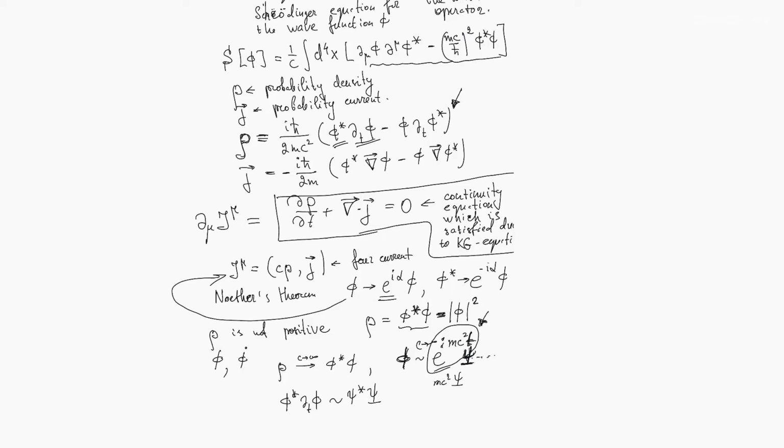Okay, and the correct interpretation of the field phi actually was found later by Pauli and Weisskopf. According to Pauli and Weisskopf, the field phi must be treated as an operator rather than a wave function. And that's what we have done when we quantized phi and treated phi as an operator.